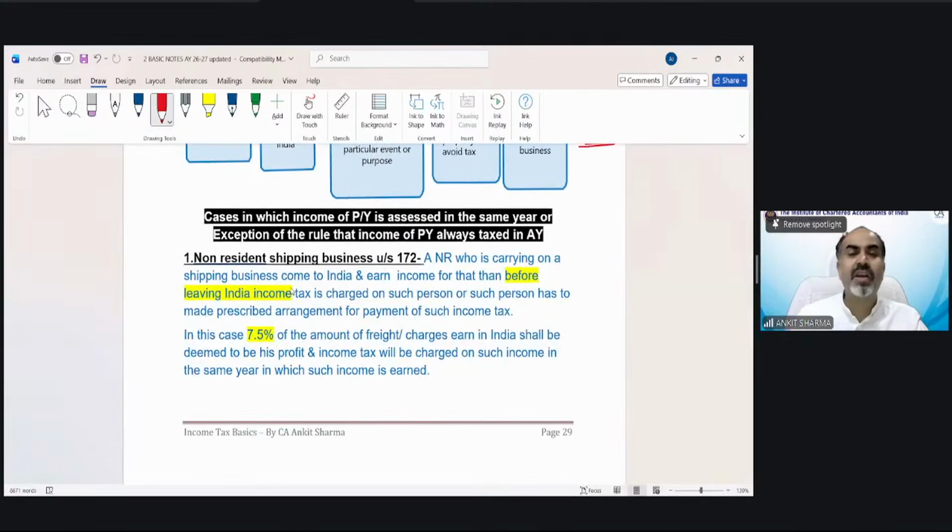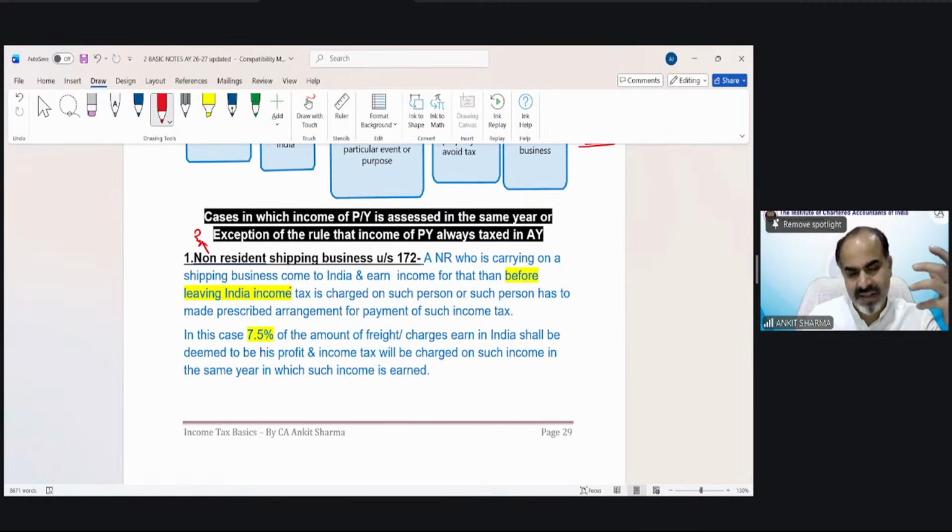Cases in which income of previous year is assessed in the same year, or exceptions to the rule that income of the previous year is always taxed in the assessment year. The first case is non-resident shipping business under section 172. Now, who is non-resident? Resident and non-resident are very specific terms, and we have a detailed chapter number 2 regarding this.